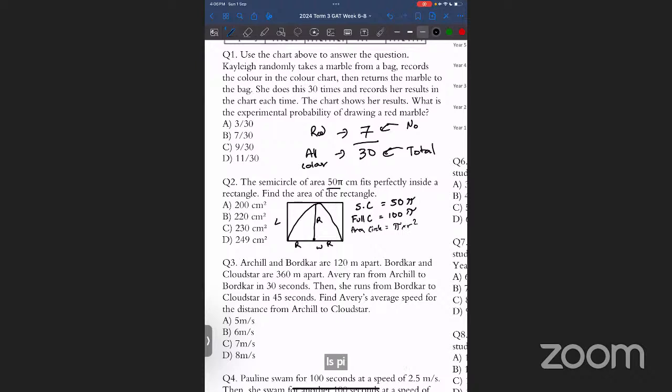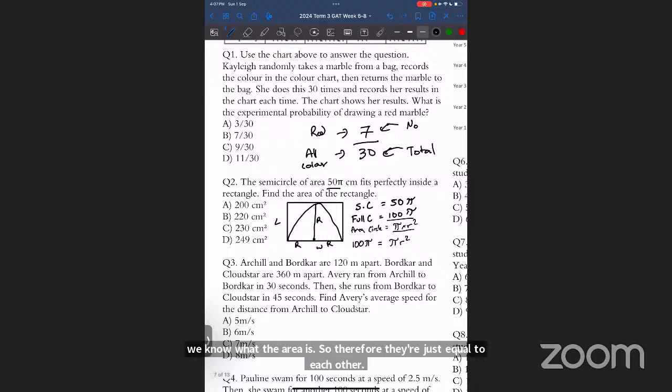Since we know the area's equation and we know what the area is, we can equate them to each other. It means that 100 pi is equal to pi r squared. Why is that? Because we know what the equation is and we know what the area is, so they're just equal to each other.